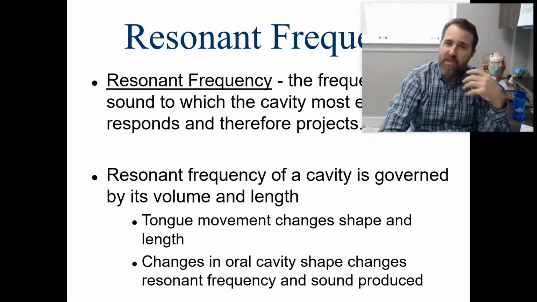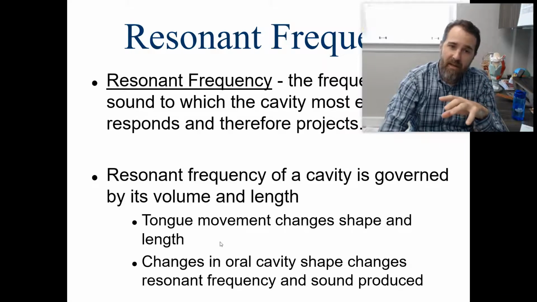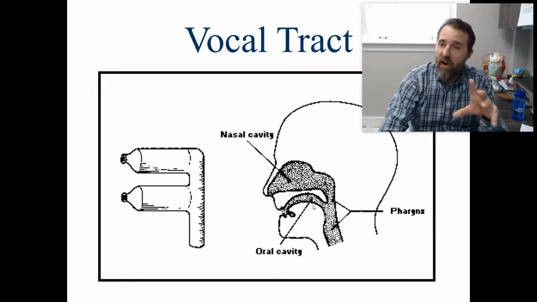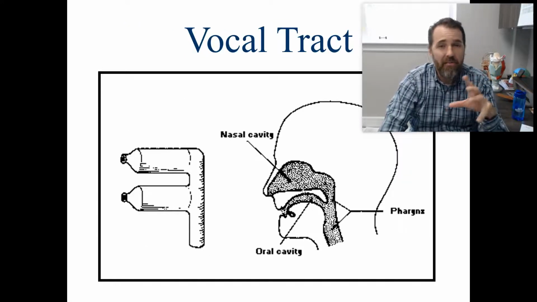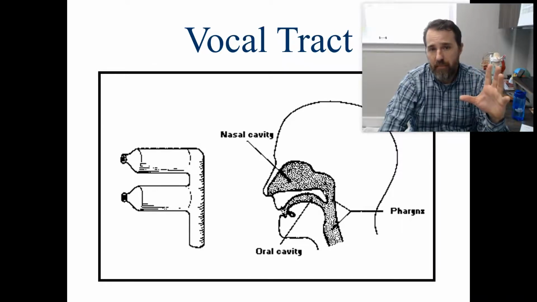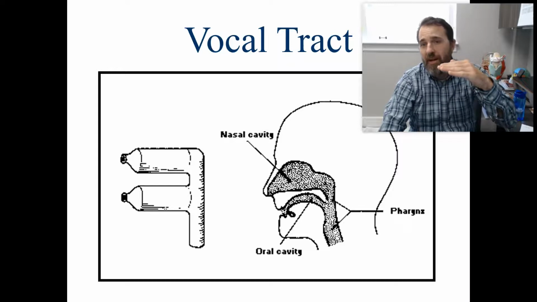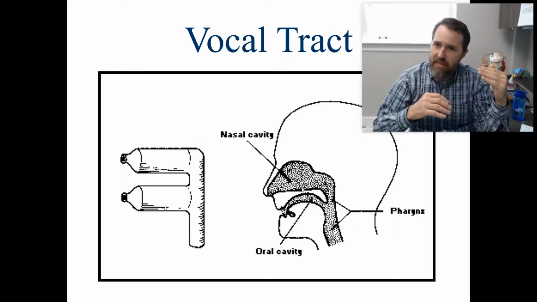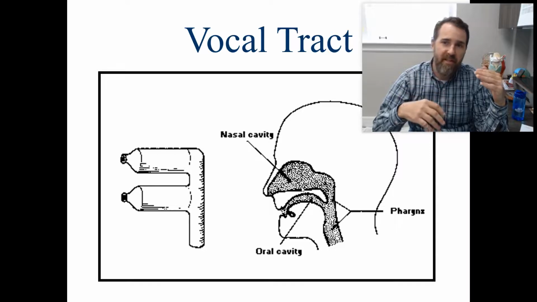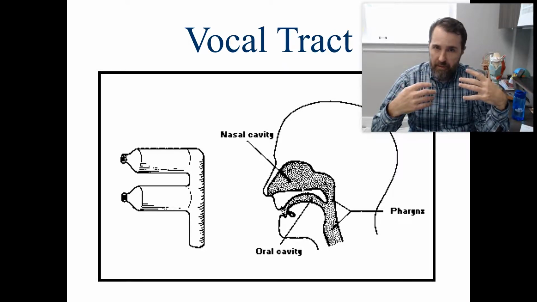So we produce changes in our speech by changing the volume and length and configuration of the vocal tract. So think about, here we have the velum. The velum can rise up and seal off the nasal cavity. And that can affect the sound of your speech. That affects your resonance, right?